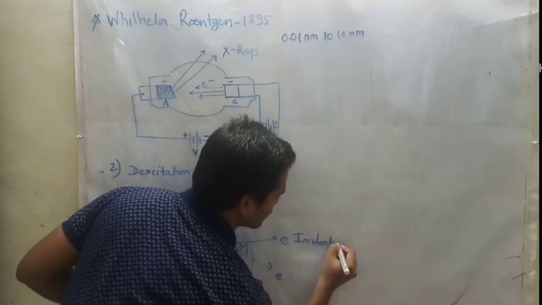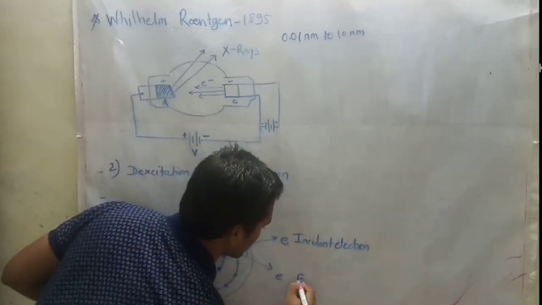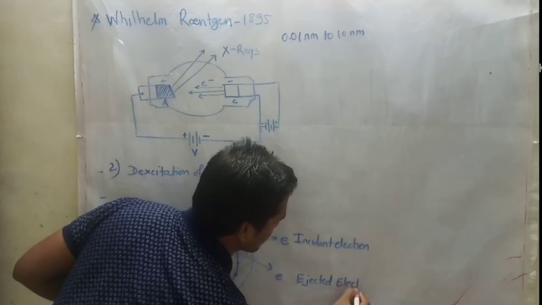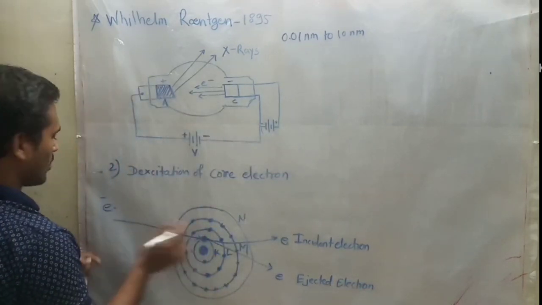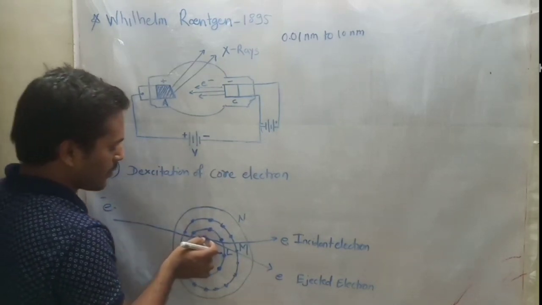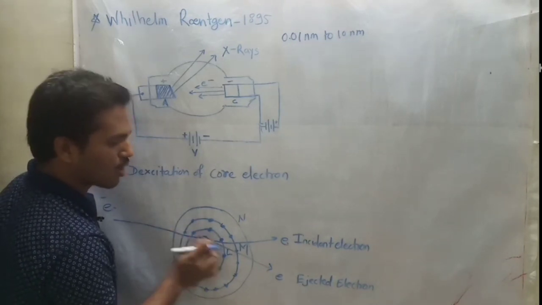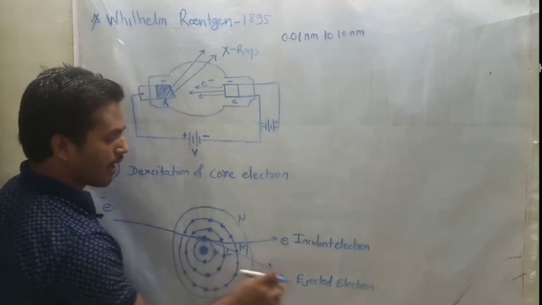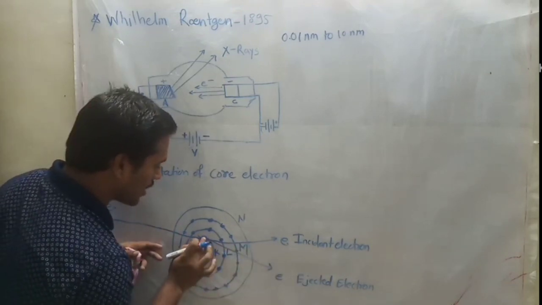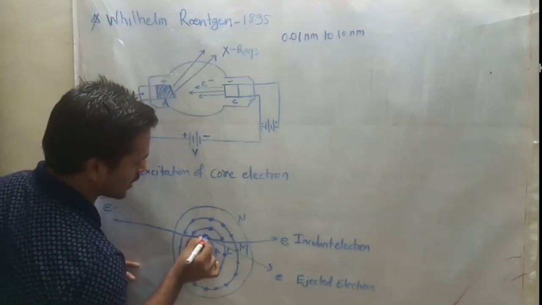This is the ejected electron. There is a collision here. Due to this collision, these electrons are knocked out from their shells and ejected, and due to this a hole is produced, or a vacancy is generated here.